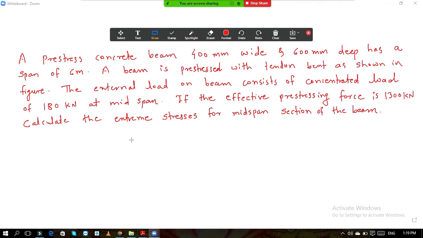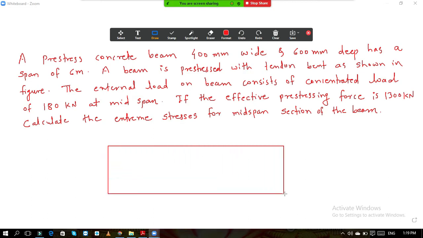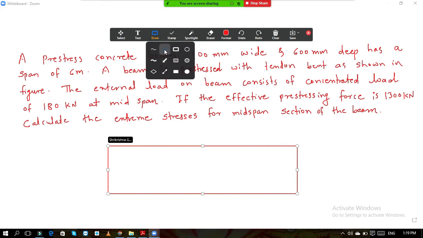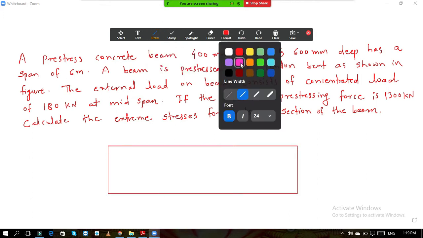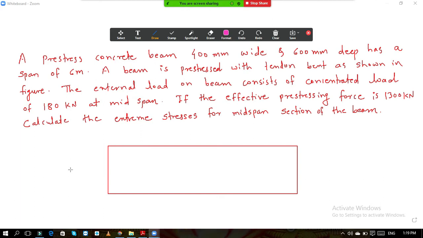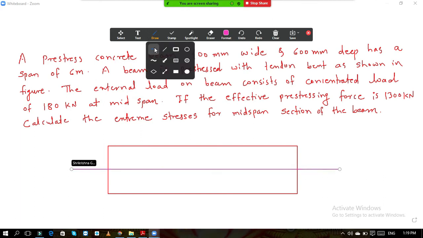Now I will draw the diagram. So this is our beam, and this is the neutral axis, or you can say centroidal axis, one and the same thing.